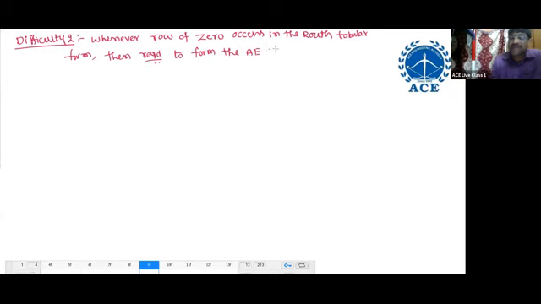Auxiliary equation, AE means auxiliary equation, by using the coefficients above the rho of 0.